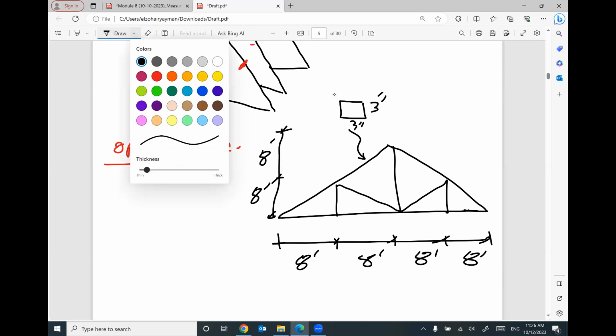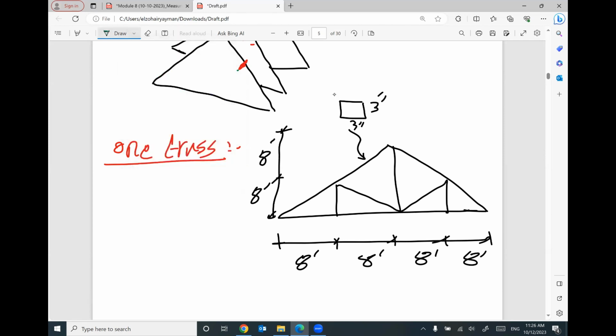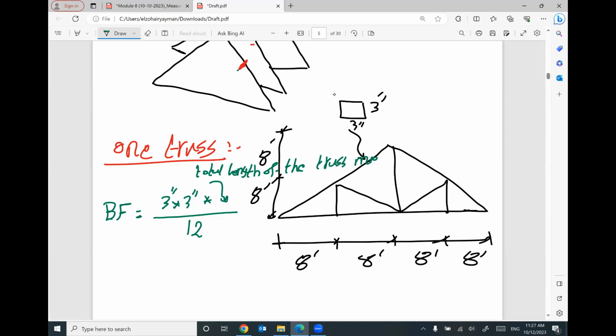I would like to figure out how much board foot for one truss. It will be 3 inch by 3 inch divided by 12, times the total length of the truss members.